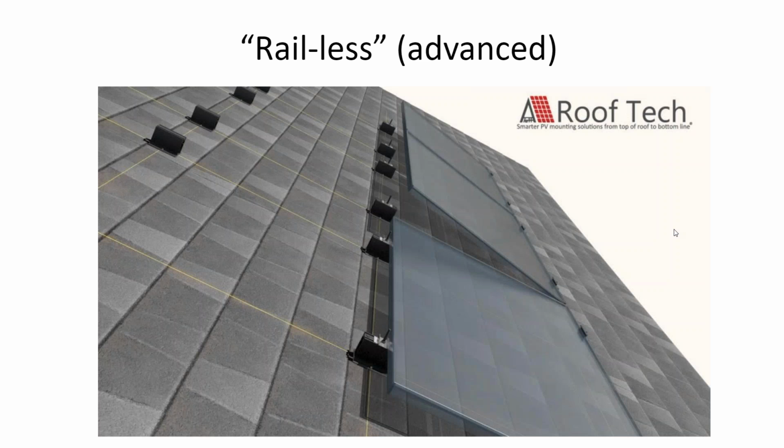Another kind of unconventional racking system is a railless racking system, where you just put supports down onto the roof rather than the rail itself. And most installers are not fans of the railless system. You have to be more precise. It's much more difficult to get square.